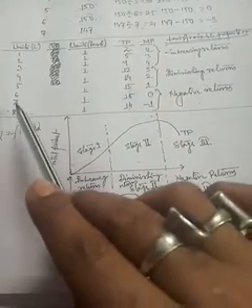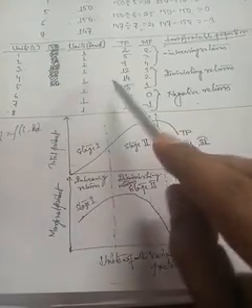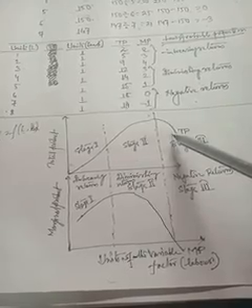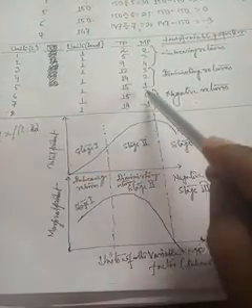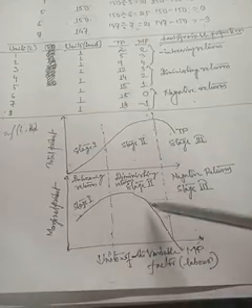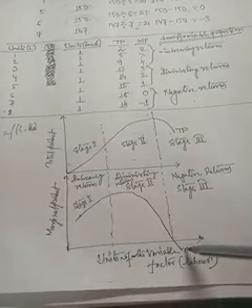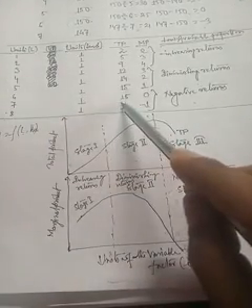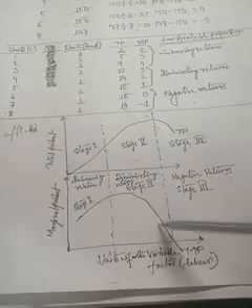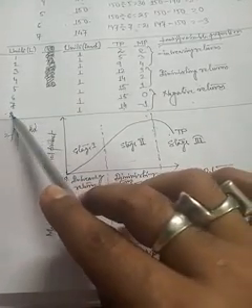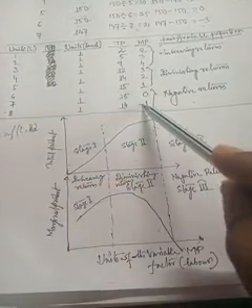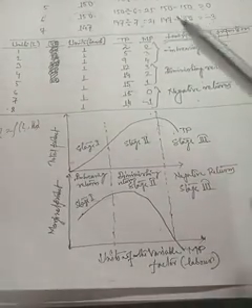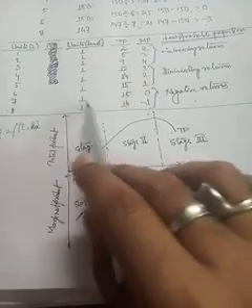If we put the values of labor and total product in the diagram, we will get TP. And if you put the values of labor and marginal product, then you will get marginal product. So the TP curve is a combination of labor and total product, and the MP curve is a combination of labor and marginal product.